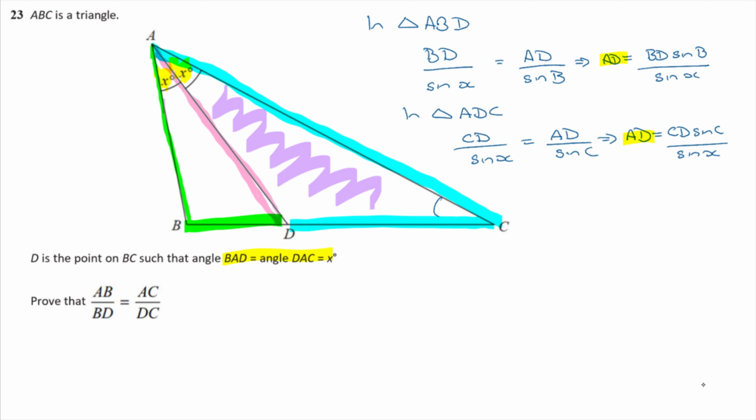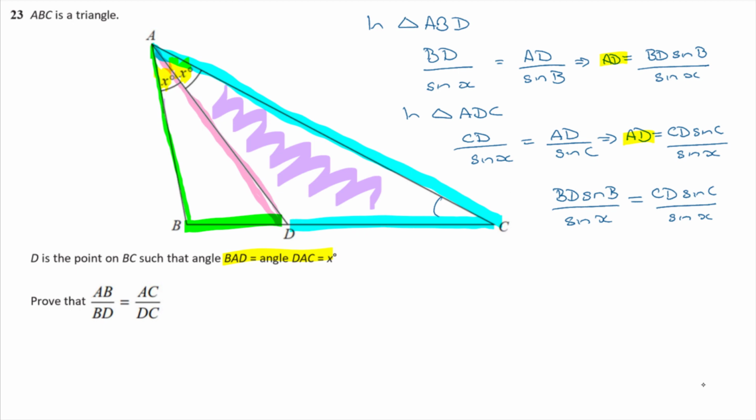So bringing those together, AD is equal to BD sine B over sine x, but it's also equal to CD sine C over sine x. Hopefully that makes sense.